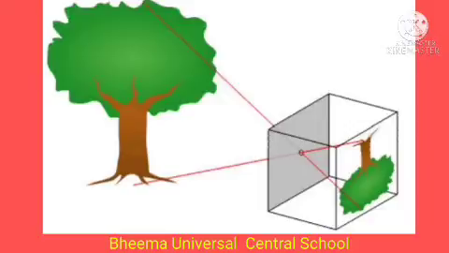Light rays from the top of the tree travel in a straight line and pass through the pinhole of the camera and fall at point A on the screen. The rays from the bottom of the tree fall at point B. Thus, AB is the inverted image of the tree.